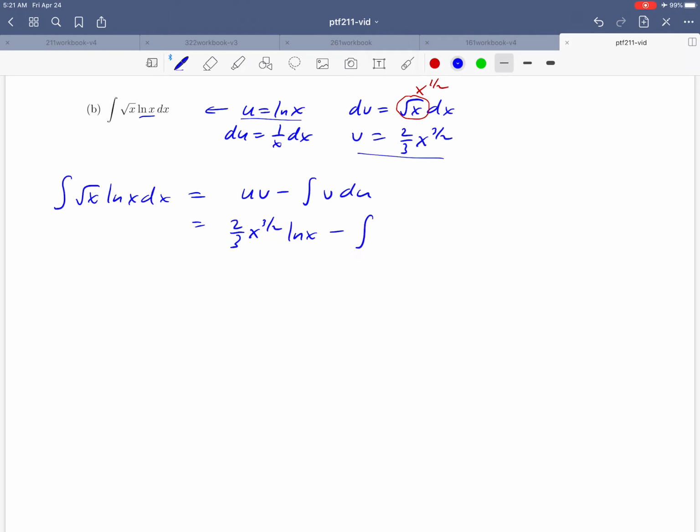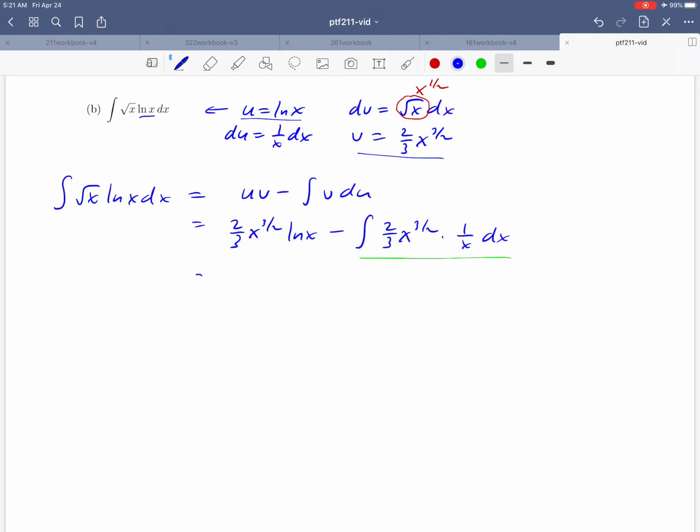And the integral of v du, there's the v, and du looks like 1/x dx. And what we're hoping for is that the integral that we're looking at here is something that we can actually evaluate.